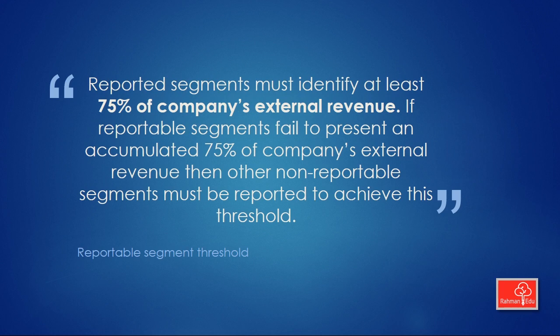In that case, what do you need to do? You need to bring other non-reportable segments and report those in order to meet this threshold. Those are like 5%, 4%. We need to bring those non-reportable smaller segments into your report and cover this 75%. Understandable?